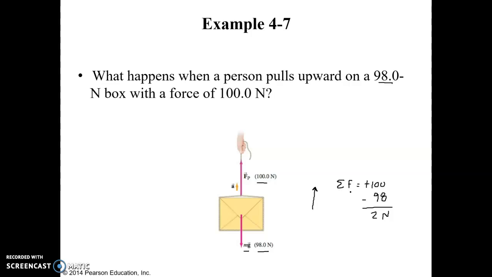So the sum of forces is positive 2 newtons. So we have two different forces, but when we add them together, we end up with a net upward force. And if force equals mass times acceleration, and we have an upward force, that means we're also going to have an upward acceleration.